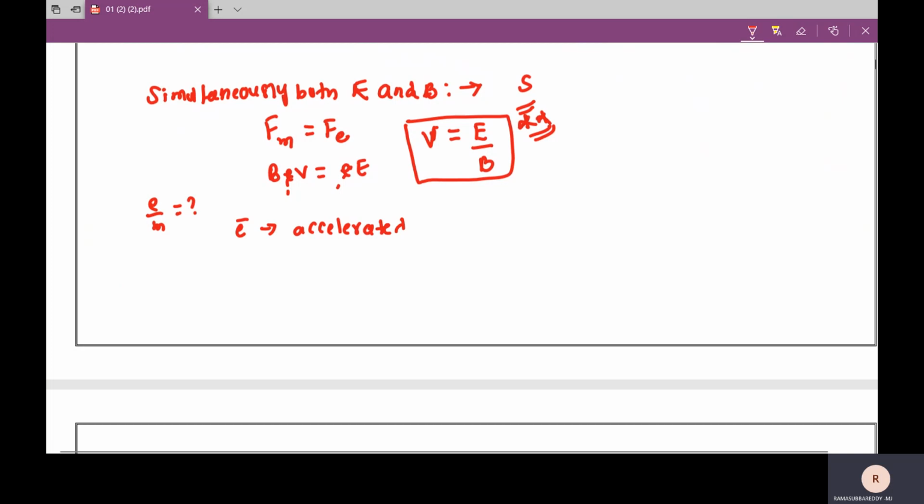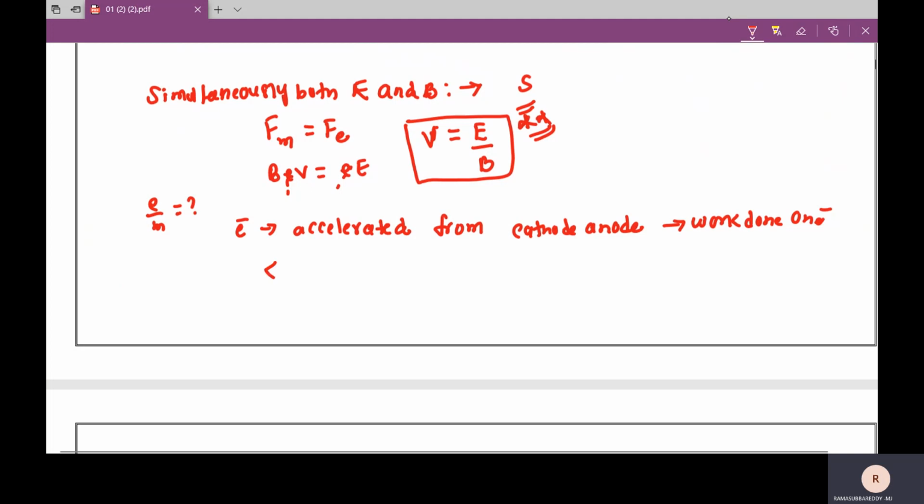This electron is accelerated from cathode to anode. Then definitely there will be some work done on the electron by the accelerating voltage, which is equal to the increase in kinetic energy. That we know.